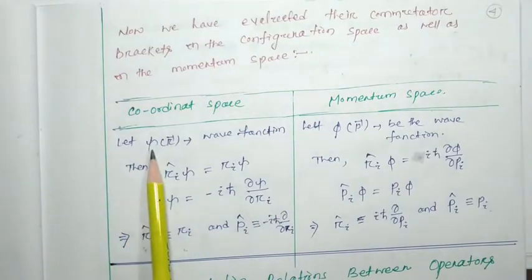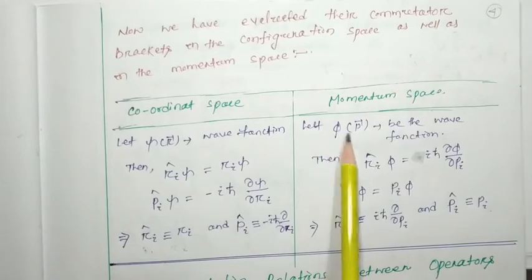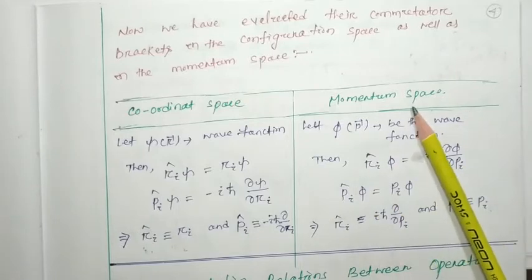Now we have to consider coordinate space and momentum space. Consider psi of r to be the wave function. Likewise in the momentum space it will be phi of p, which we already discussed in our previous classes, the wave function in the momentum space.